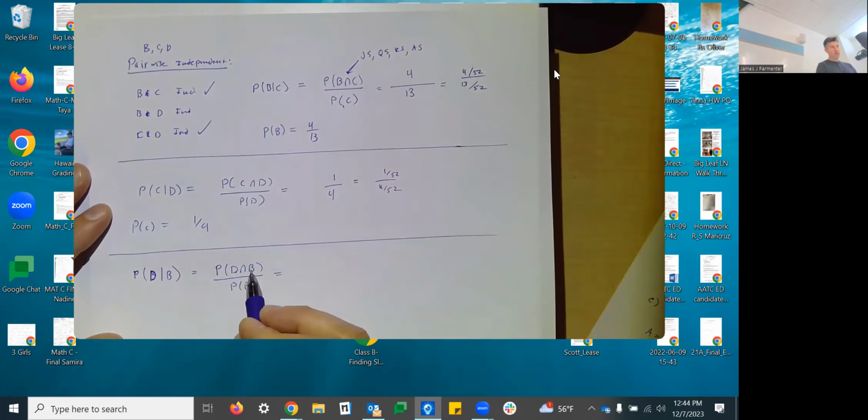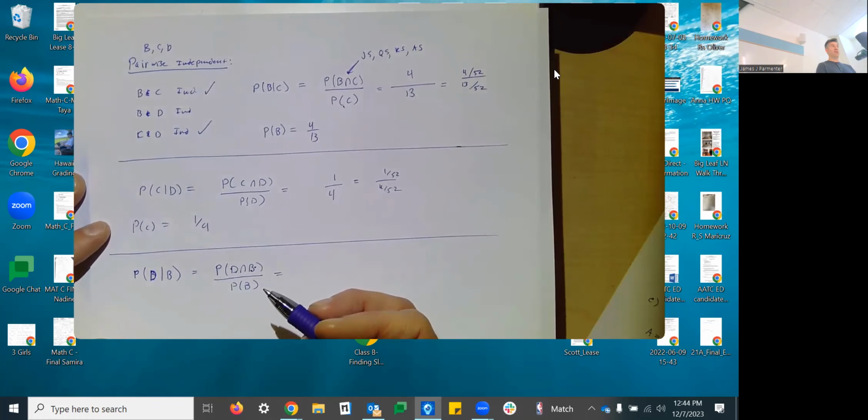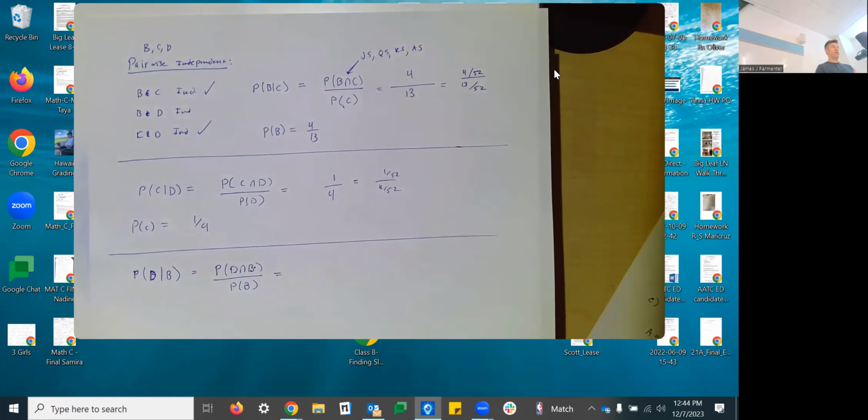D intersect B: D is being an ace, B is being ranked jack or higher. The overlap of those two things is just being an ace. If you take the intersection of all the jacks, all the queens, all the kings, and all the aces, intersected with all the aces, you end up with all the aces.